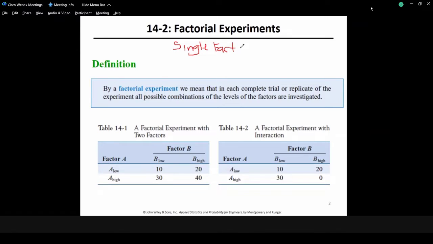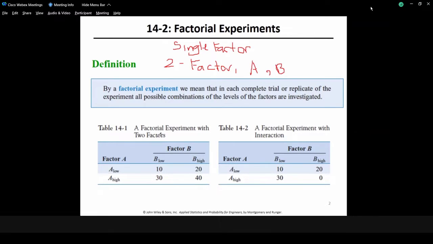Today we talk about two factors: factor A and factor B.